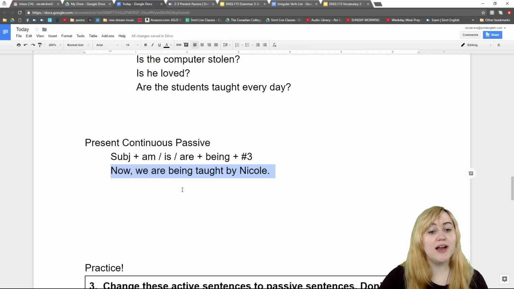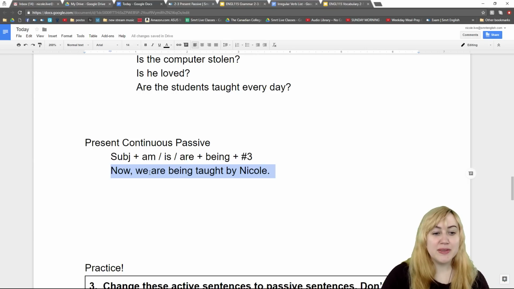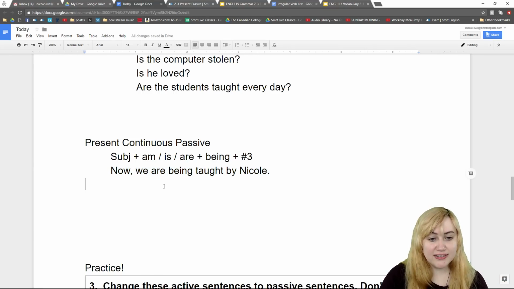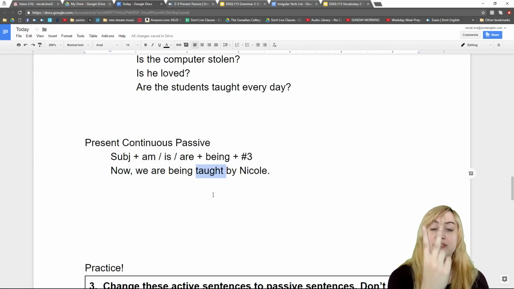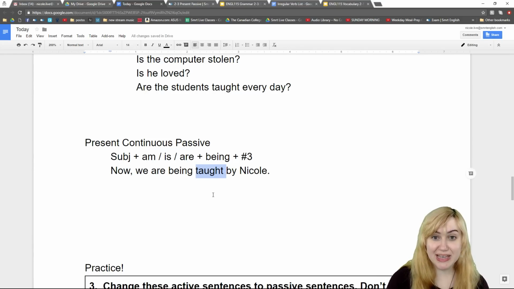Now we are being taught by Nicole. Perfect. We is the subject. Are is our be verb, am is are. And then being to make continuous. And then taught is verb 3. Teach, taught, taught.